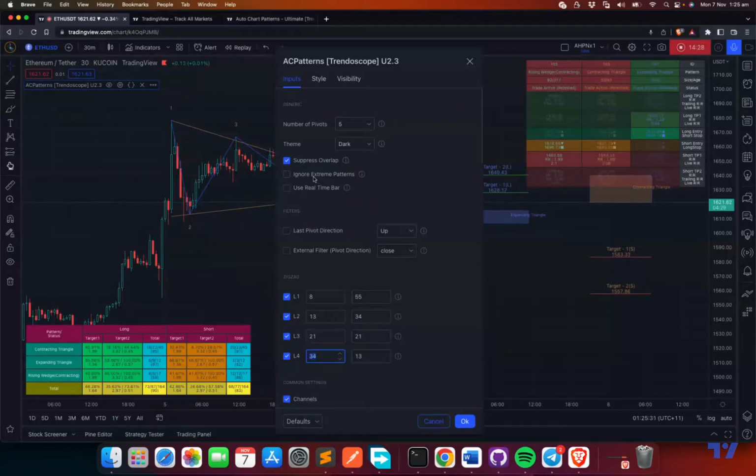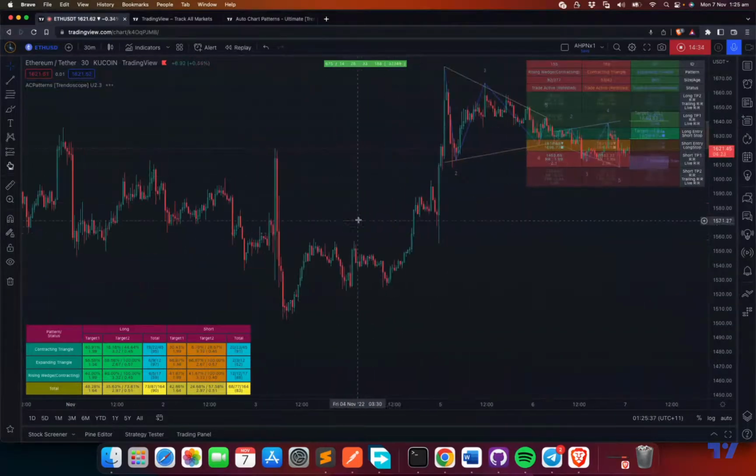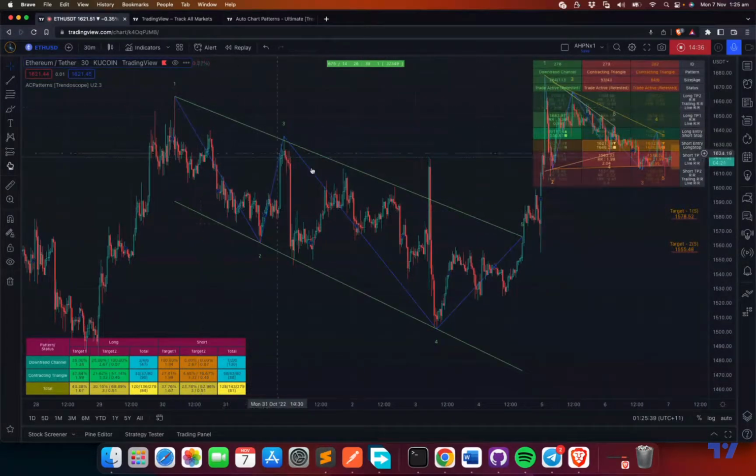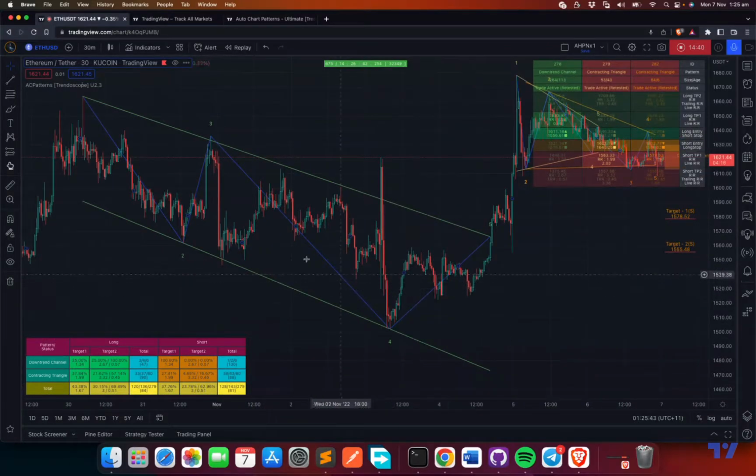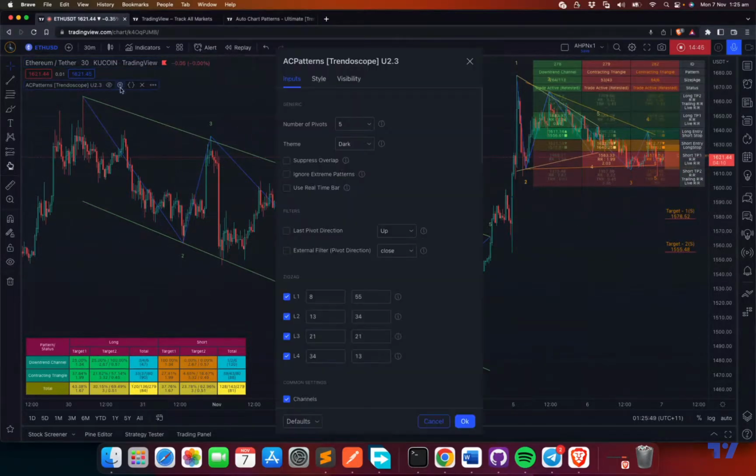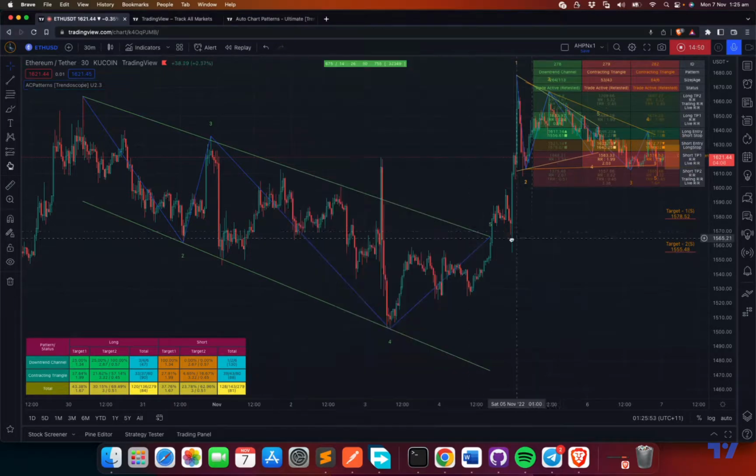Since we have suppressed overlap, you may not see many of the bigger patterns. But if you disable that, you can look at this very big pattern, right? You won't see that if you're just using zigzag 8. This may be a zigzag length of 21 or 34, ideally, I think.